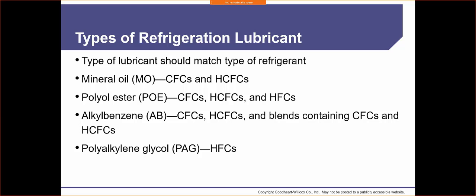According to most manufacturers, you don't have to do anything with it. The little bit of mixing of the mineral oil and the polyester oil isn't going to hurt the system at all. There are some companies that used to, or still do, use a flush.